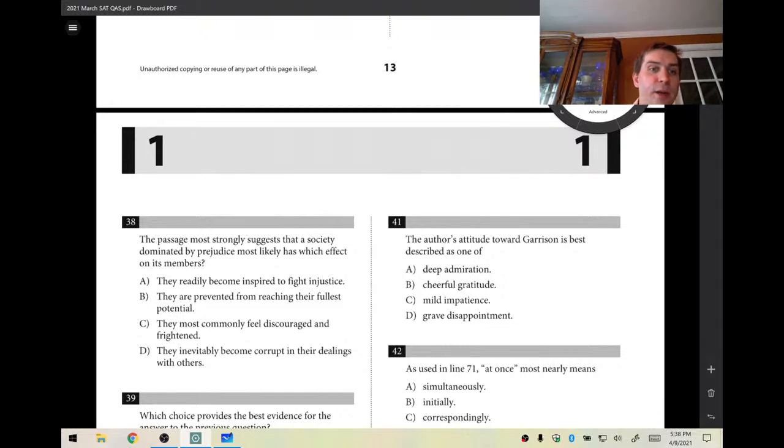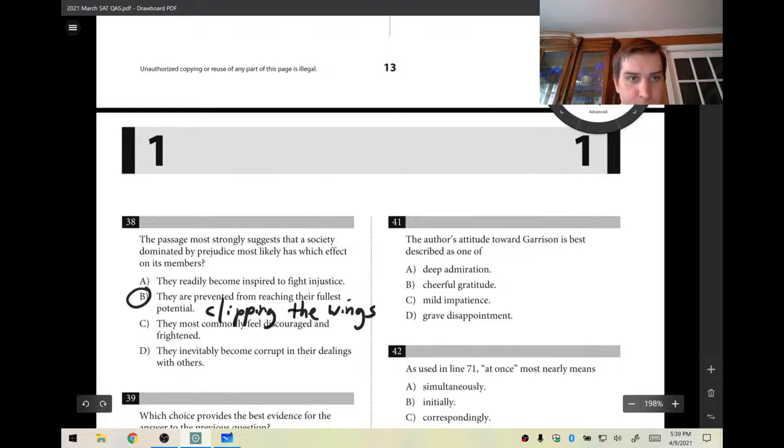And it's this. There's a metaphor. They are prevented from reaching their fullest potential. You know what the metaphor our author uses? I'm going to read this bit. It's interesting. Our author talks about the idea of clipping the wings. It's a metaphor.